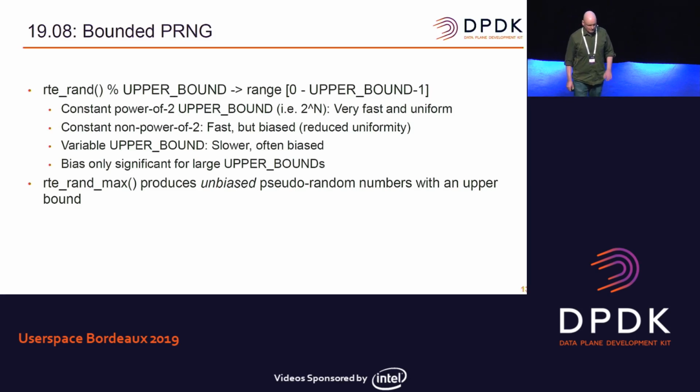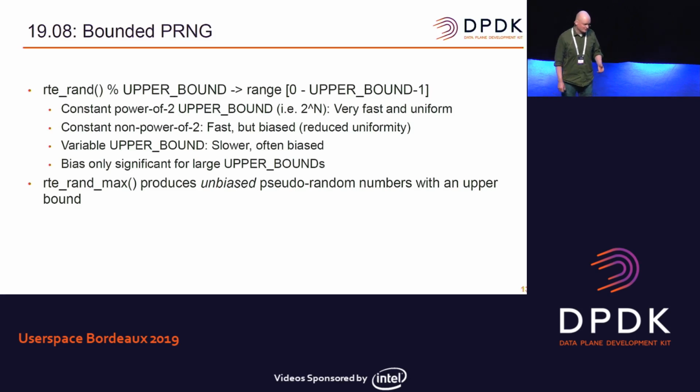So you can still do a modulo operation, and I won't complain. But if you really care about your random numbers, you can use rte_rand_max, which is a new function in the DPDK random API, and it produces an unbiased number.